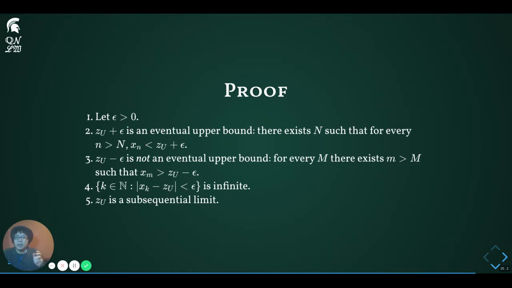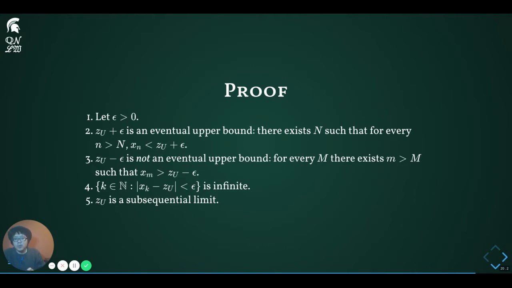This means that there is a capital N such that x sub n is less than z sub u plus epsilon for all n greater than capital N. Similarly, z sub u minus epsilon is not an eventual upper bound. This means that for every capital M, there is a subsequent term that is more than z sub u minus epsilon.